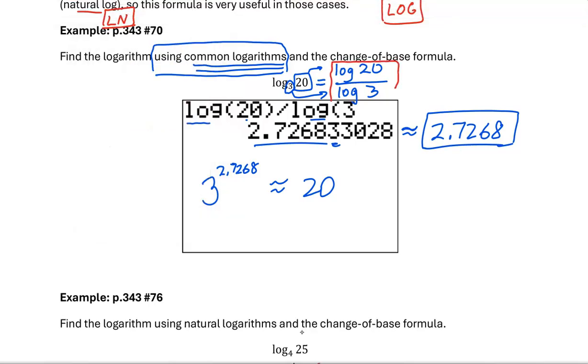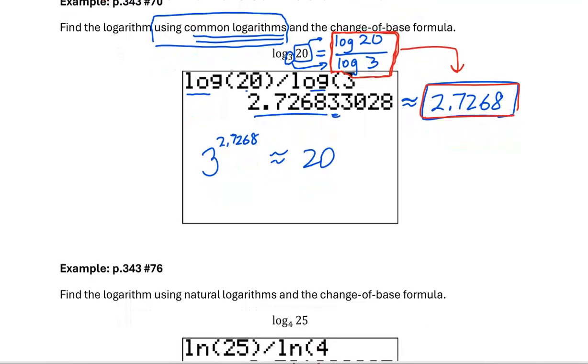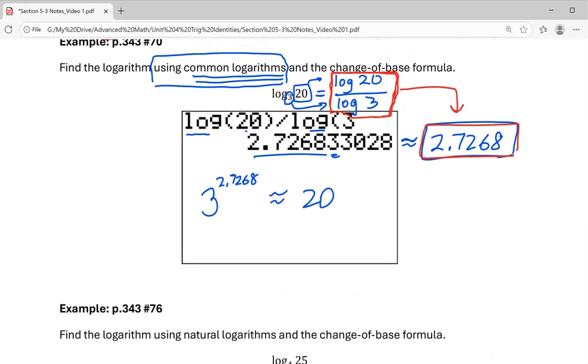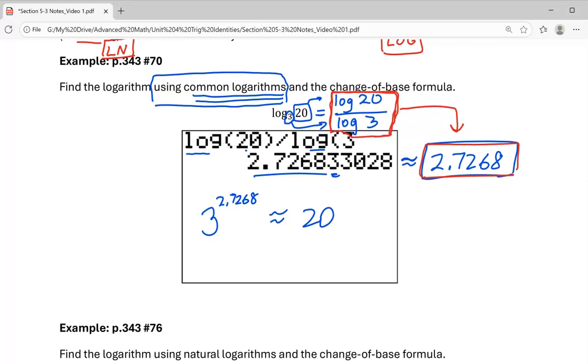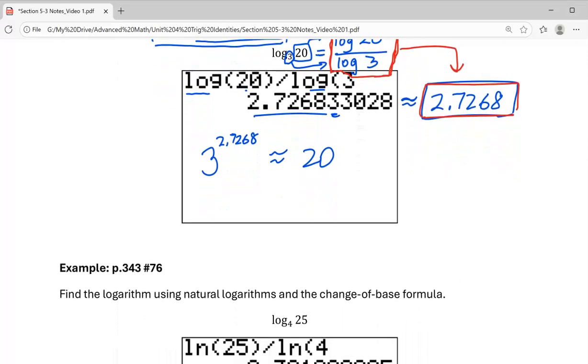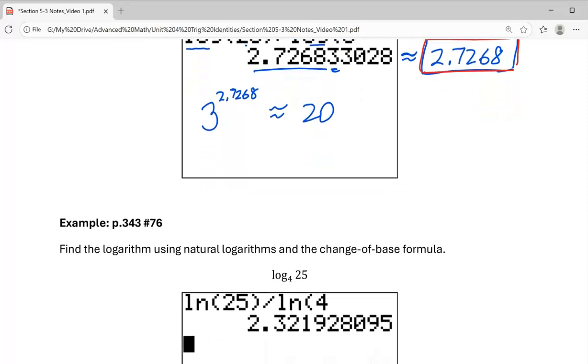I want to see what you typed in basically on your calculator, log of 20 over log of 3, along with your answer to that. Okay, just to show me you use the common log in the formula. That's all I need to see right there. I want to see the change of base as well as your answer.